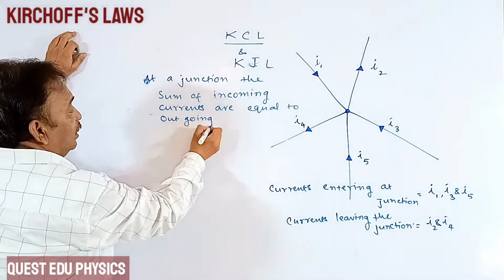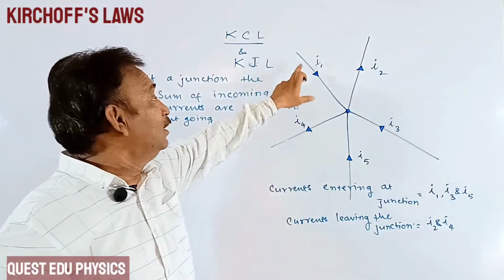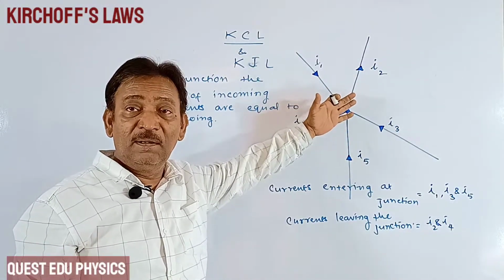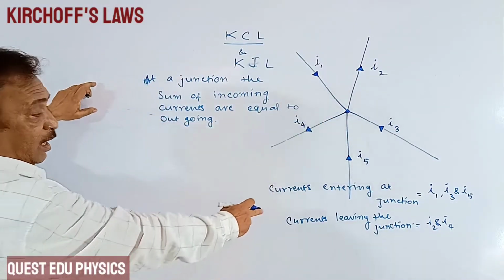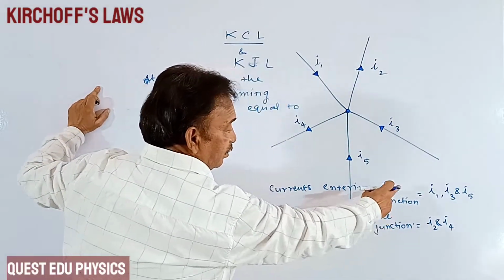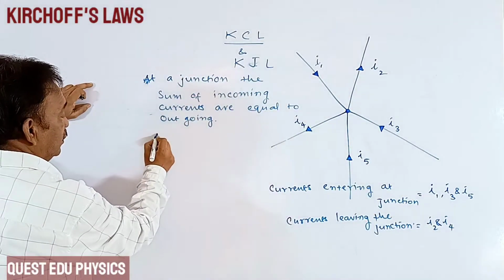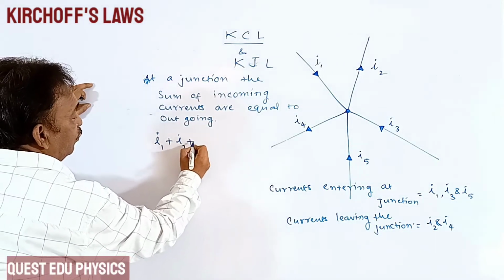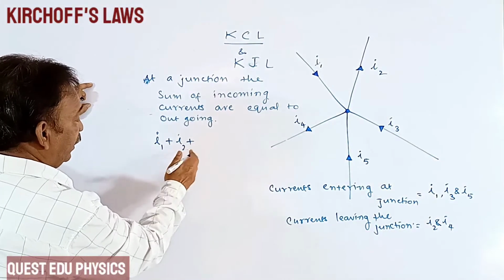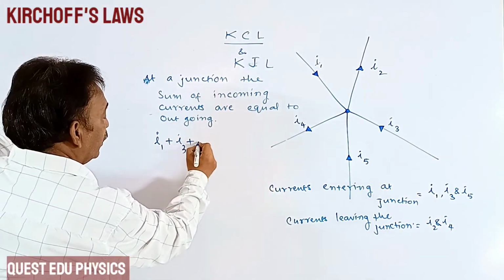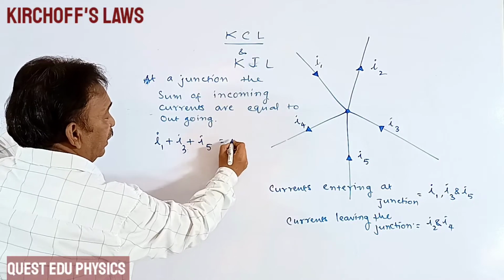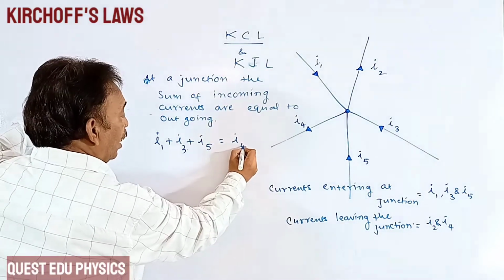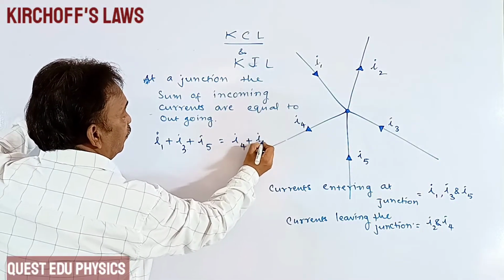Let's assume that the incoming currents are taken as positive and the currents which are leaving as negative. The currents entering the junction are I1, I3 and I5. The currents leaving the junction are I2 and I4.